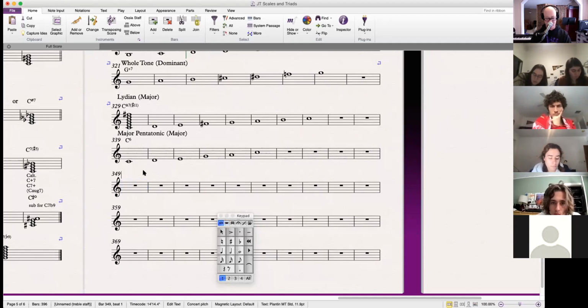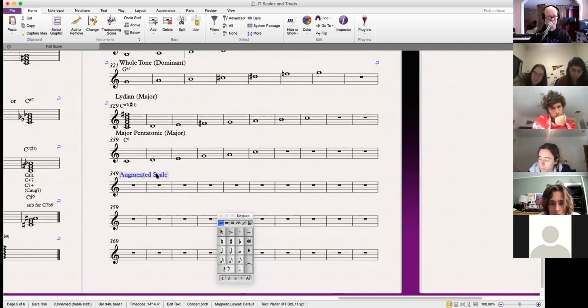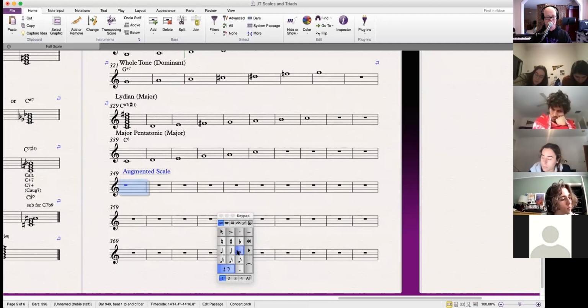But that is the augmented scale. Okay, so we're going to do this a couple of ways. I'm going to build it first. I'm going to build a couple of augmented triads.